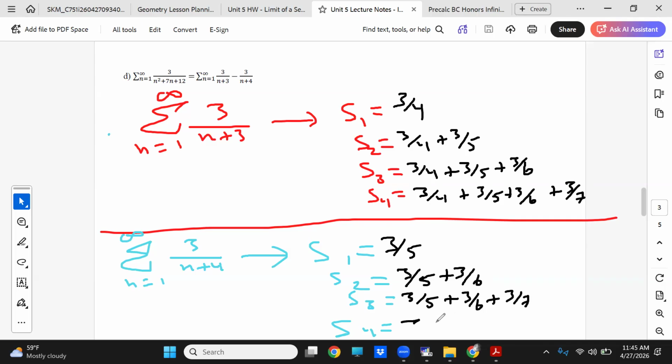What's the fourth partial sum? Okay. What do we notice is happening here? Let's compare S4 for both series.